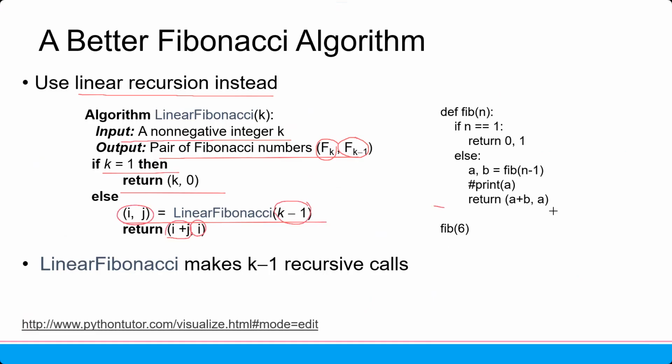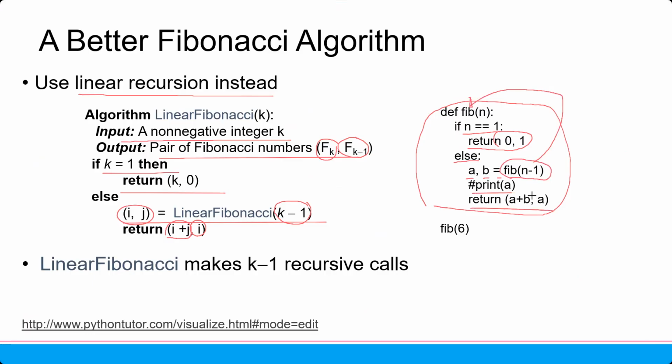The Python code will be something like this. If n equals to 1, then return 0 and 1. So we will return 2 values. If not, then a and b equals to Fibonacci of n minus 1. So this is the calling of the method. And you can print. Return means I want to return 2 values.